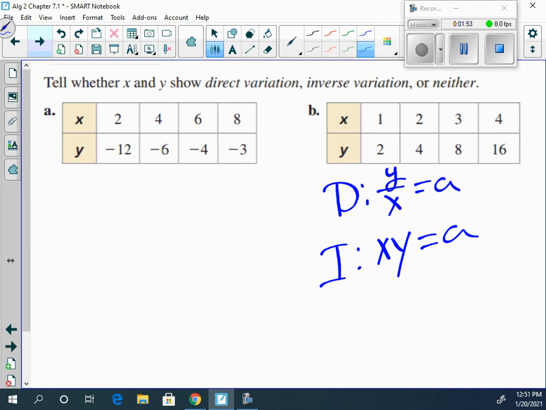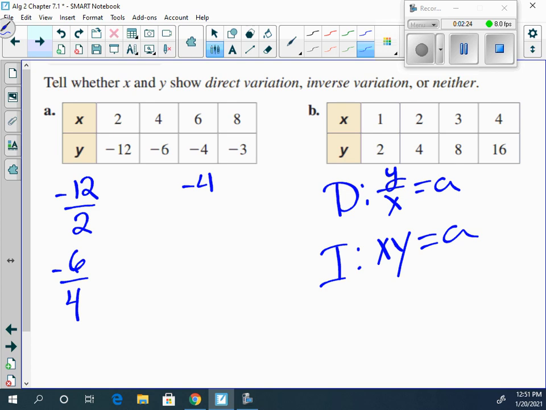Well, a is just a constant term, yes? So through a set of numbers, if they have a direct variation or inverse variation, then that constant term should be the same for any set of numbers, yes? Because the constant should be the same. It is constant, yes? So that means if this here is direct, if I take the y value, negative 12 and divide it by 2, I should get the same value if I took negative 6 divided by 4.